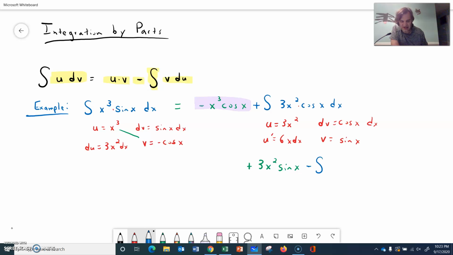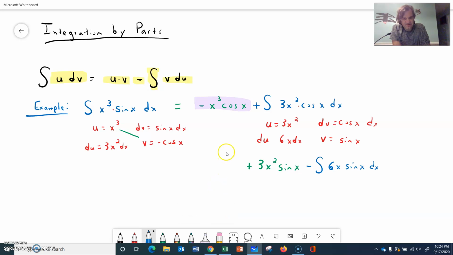I should have called that du instead of u prime. Habits. But that will give me 6x sine x dx, and I have to repeat the process again. If I have a high power there and I'm using the power rule to try and eventually get this thing away, it's going to take forever. Okay, not forever, but you understand what I'm saying.